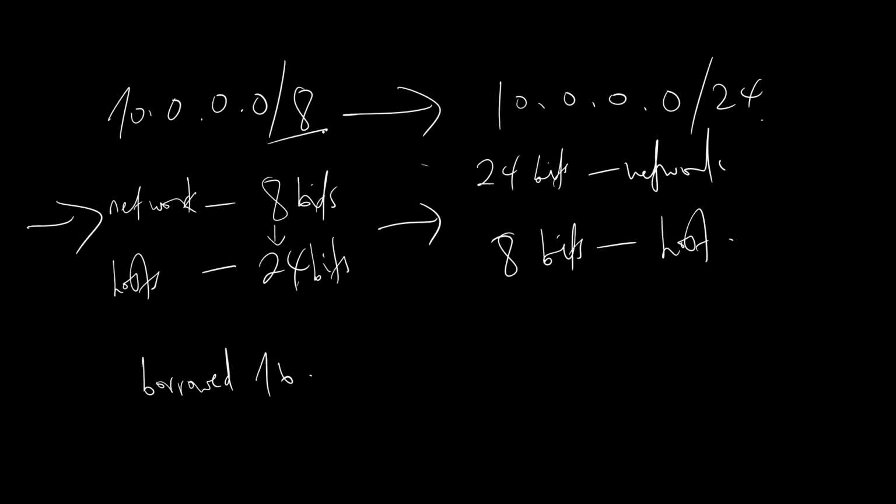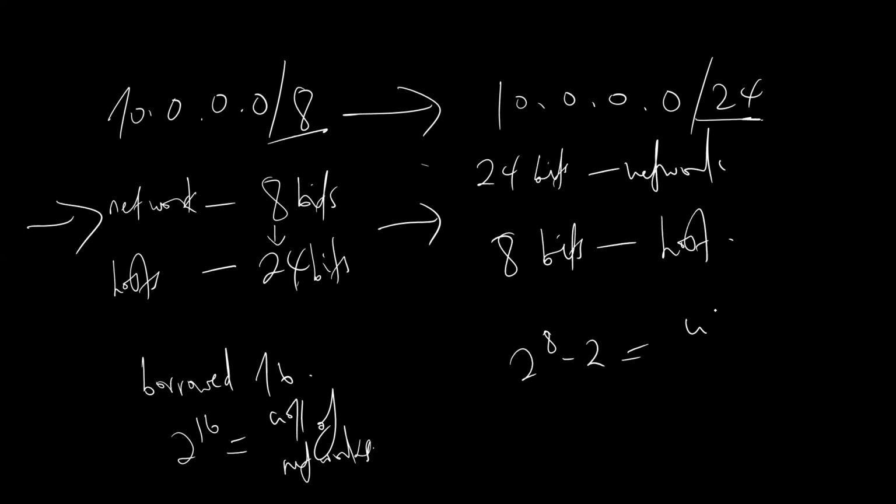We had a /8, we borrowed 16, we are now at /24. So 2 to the power of 16 is the number of networks or subnets we can create. And 2 to the power of 8 minus 2 is the number of host addresses that we can have.